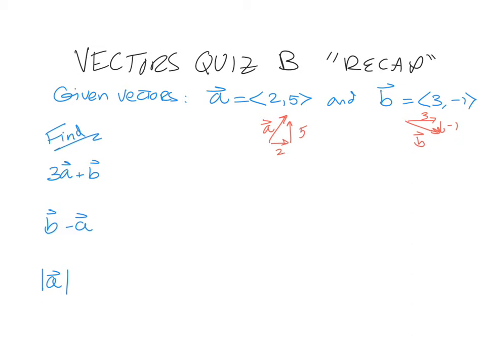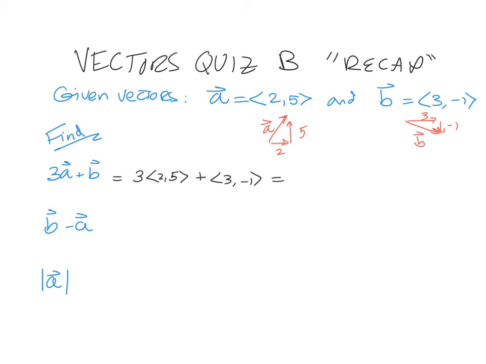All right, but we're not going to do this question graphically. We're going to try to do it algebraically. So first of all, find 3A plus B. I'll rewrite this in component form. We're going to multiply vector A, which is 2 comma positive 5, times 3, and add to that the components of B, which are 3, negative 1.